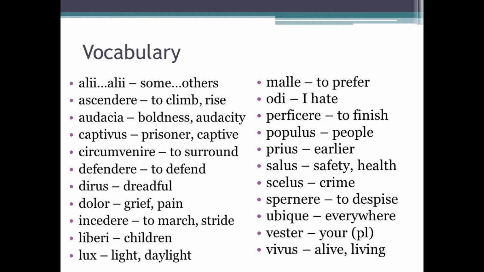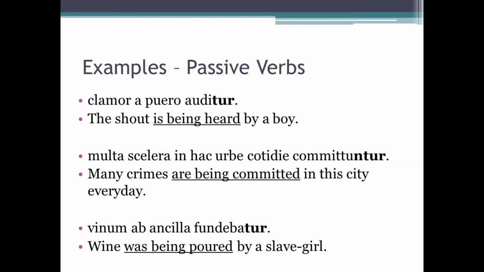Now, let's go through a few examples of passive verbs in action. Clamor a puero auditur. The shout is being heard by the boy. Multa scelera in hac urbe cotidie committuntur. Many crimes are being committed in this city every day.